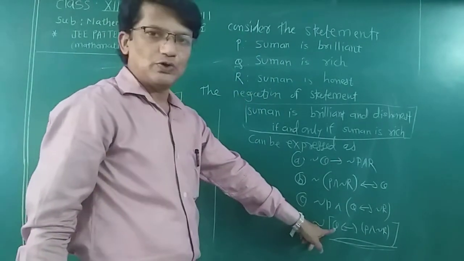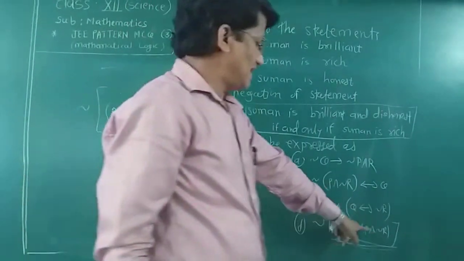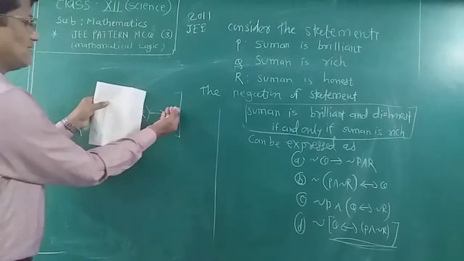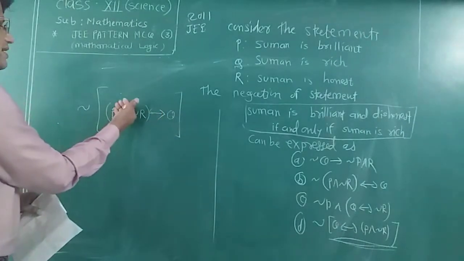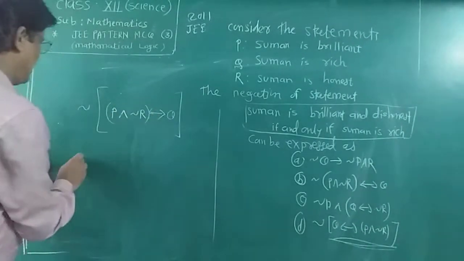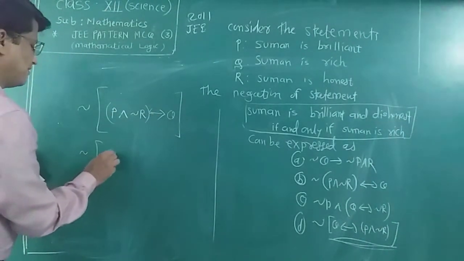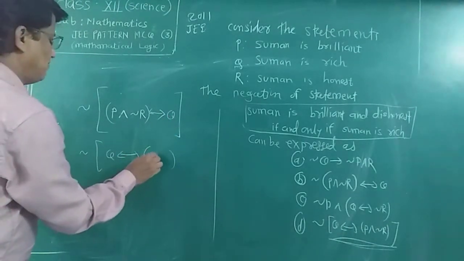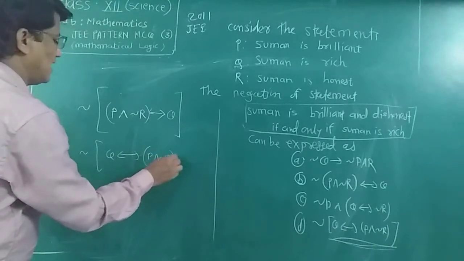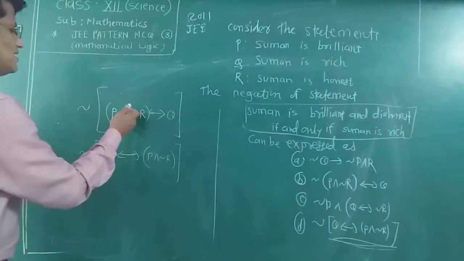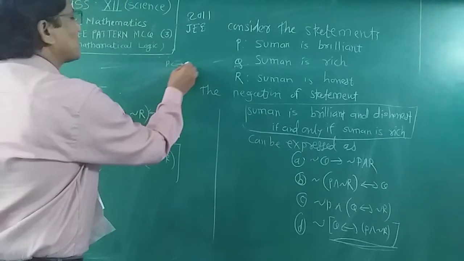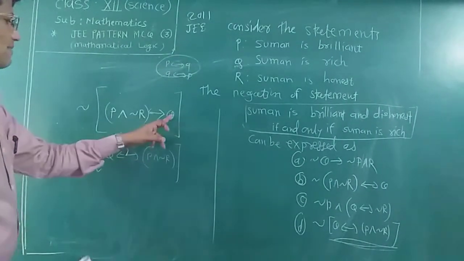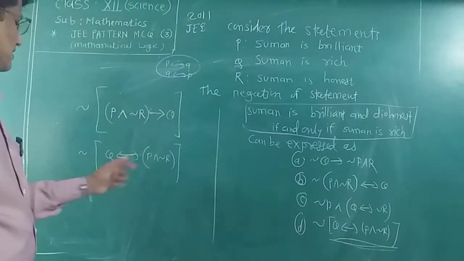But here Q is first. After that bracket, Q is in the second position. So this is double implies. Write Q here and this part here. So Q double implies with P and negation of R. This point here means P implies Q, we can write it as Q double implies P. In the same way, this second part is here, first part is here.